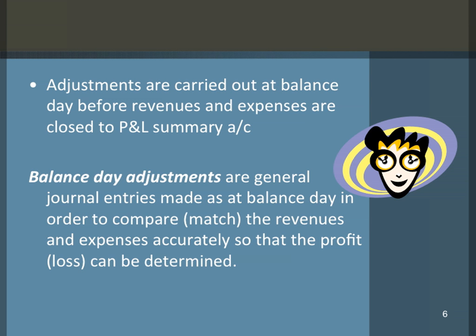Because that's what businesses do. They're going to look at the profit that they made this year. Is it more or less than the profit we made last year? So you need to be satisfied that the way you go about calculating that profit is going to be comparable to last year's calculation of profit. And you know it's going to be comparable if you apply this matching principle.